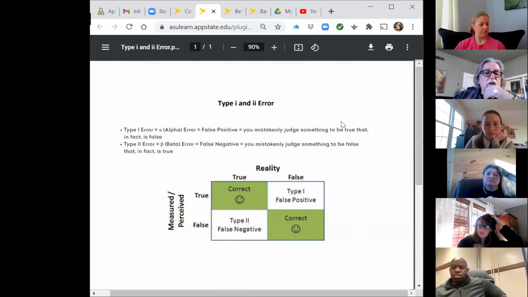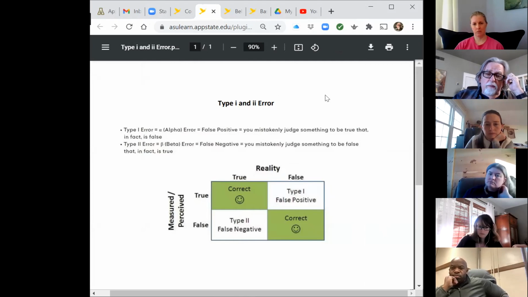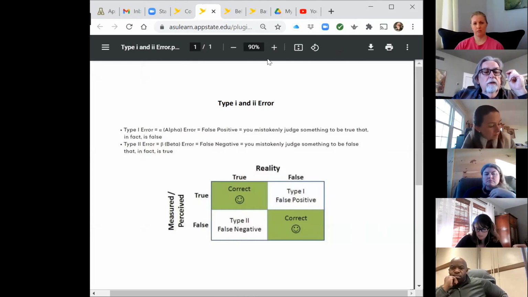In research design, the two errors that you can make when interpreting a statistic are a false positive and a false negative, and those represent two different kinds of errors.